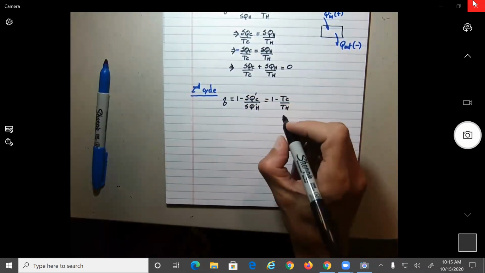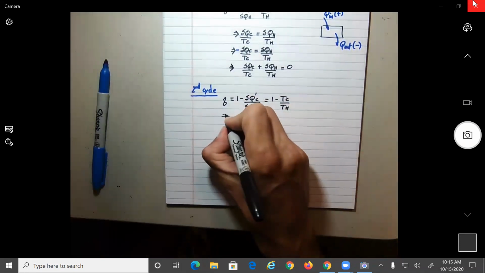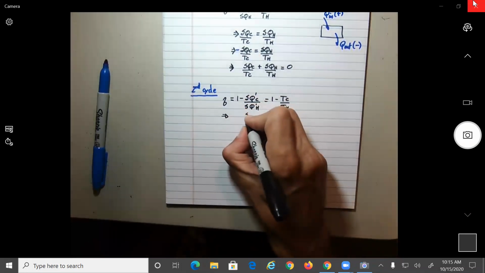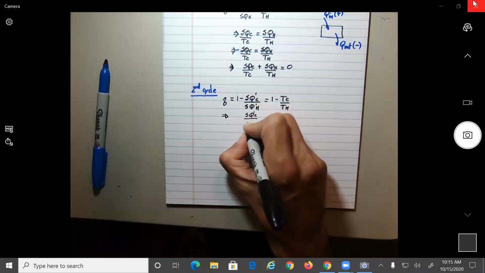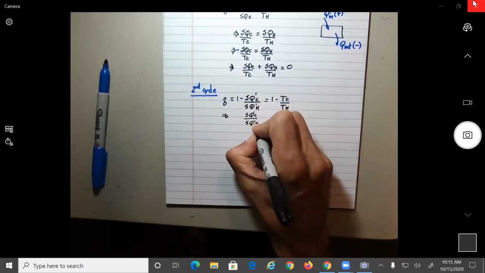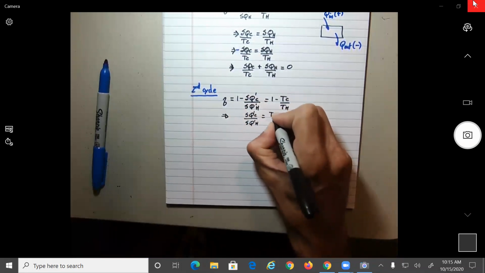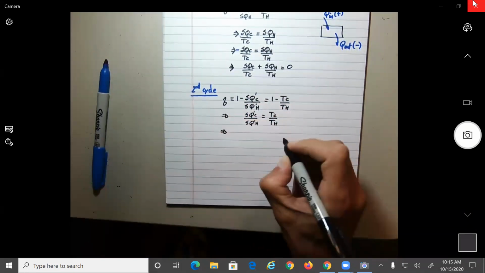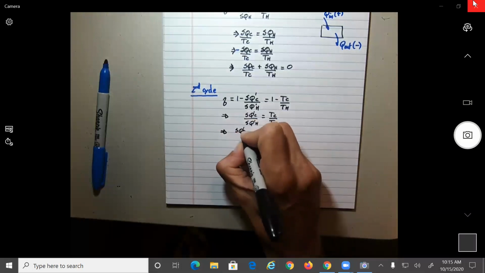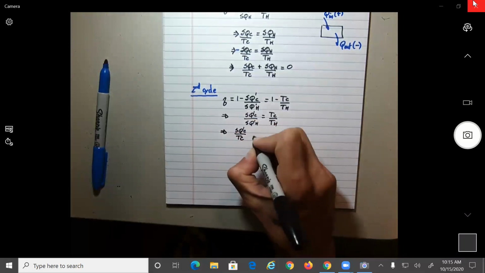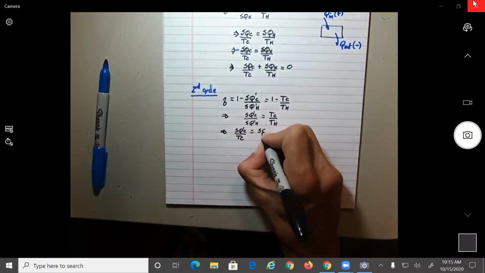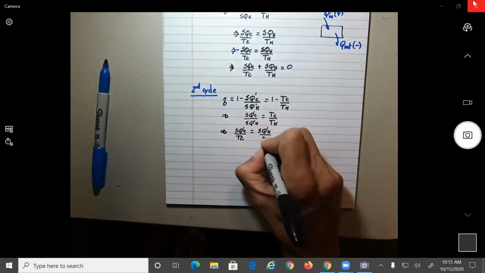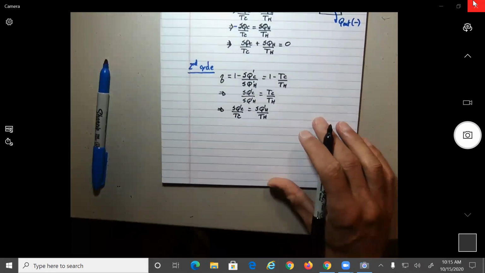I'm going to go a bit faster here. This means that delta Q prime C over delta Q prime hot equals T cold over T hot, or delta Q prime cold over T C equals delta Q prime hot over T hot.